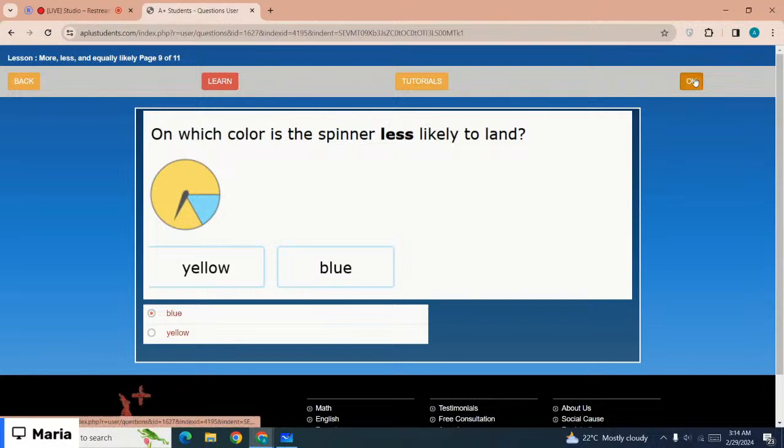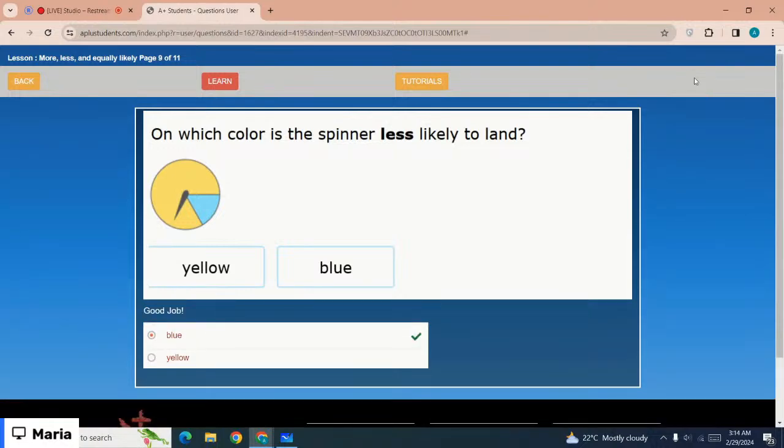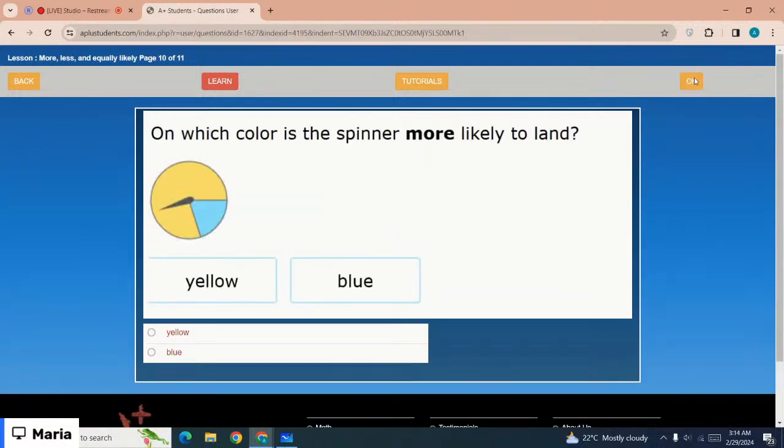The correct option is blue. On which color is the spinner more likely to land? So which is the correct option? Yes, more likely to land on yellow. The correct option is yellow.